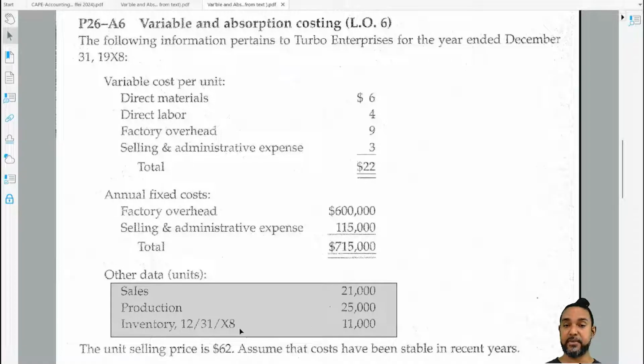And look, we had inventory at start. All right. So no, sorry, hold on. No, 12/31 X8. So that's December 31st. That's the end of the year. Okay. So we sold 21, we made 25, and we had 11. Right. That means your opening inventory is, hold on.